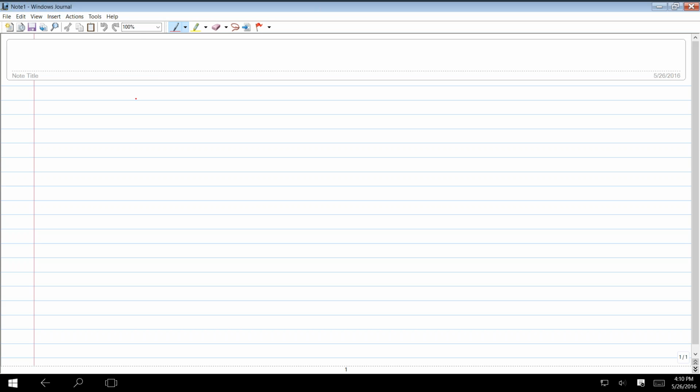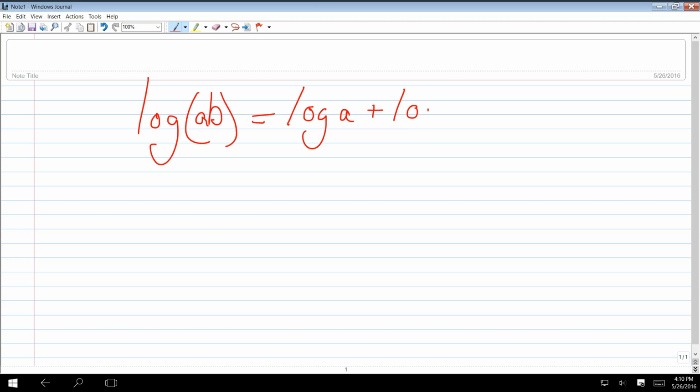Okay. Here, let me write the three most important laws of logarithms. The log of a times b is equal to the log of a plus the log of b. That's number one.